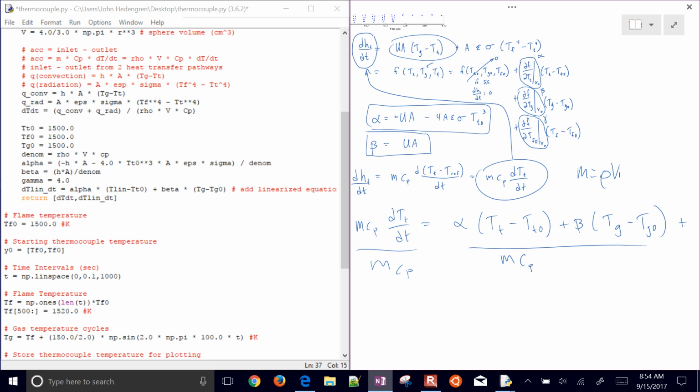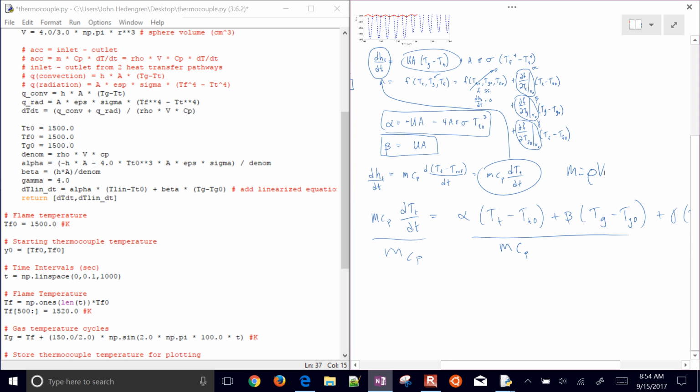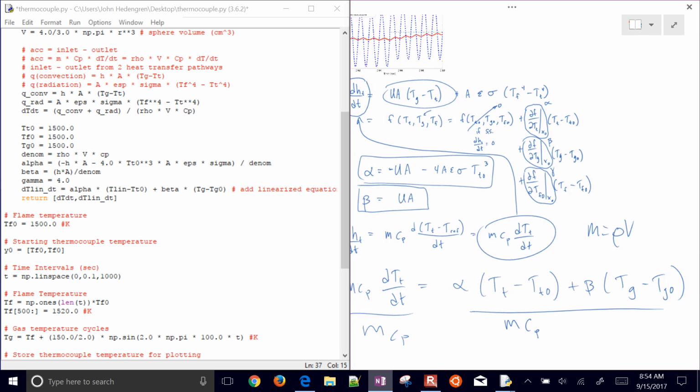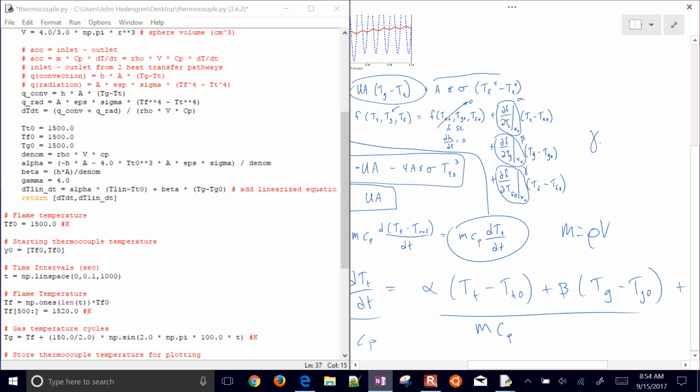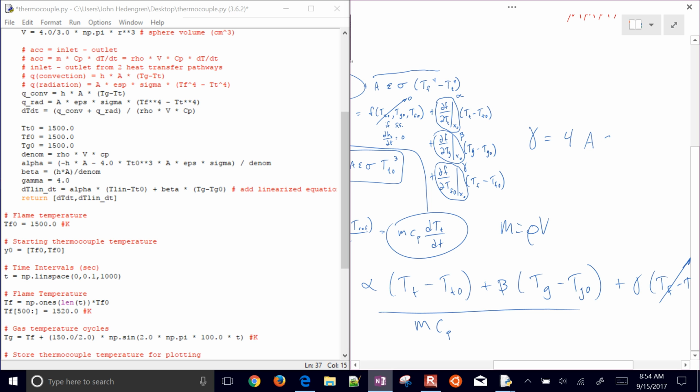Okay, gamma. Okay, flame temperature. Okay, where am I? Right here. I'm just going to do this. Okay, those are the terms that have the flame temperature in them, and so gamma is going to be equal to 4 times area times epsilon times sigma times flame temperature naught to the third.